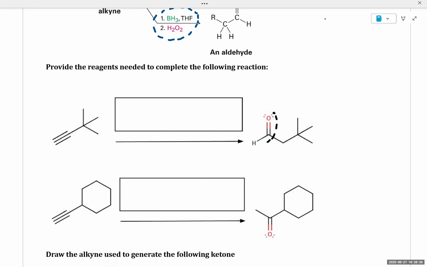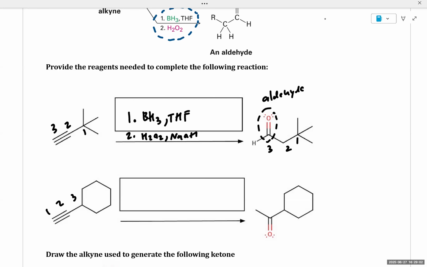So in this case, we are preparing an aldehyde. Because we want to install the aldehyde at the least substituted position, we're going to employ hydroboration oxidation. In the second case, we are preparing a ketone, and the carbonyl is being installed at the more substituted position.